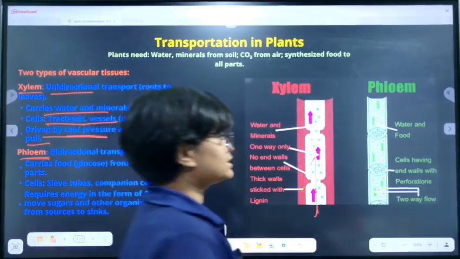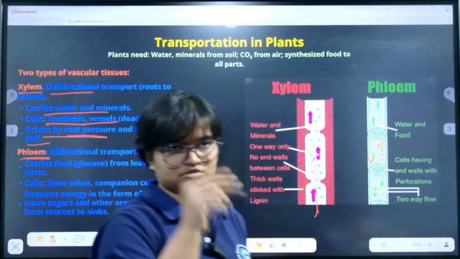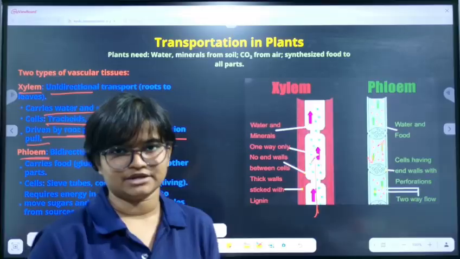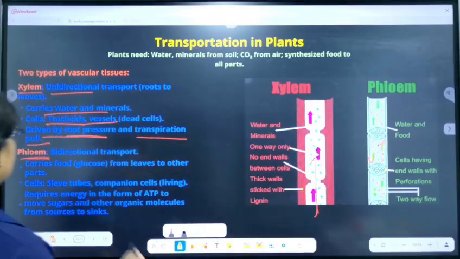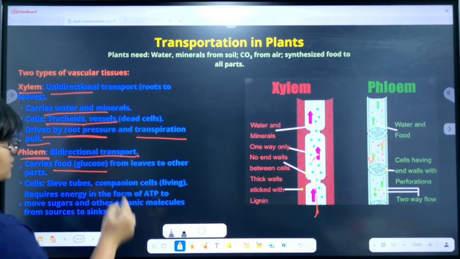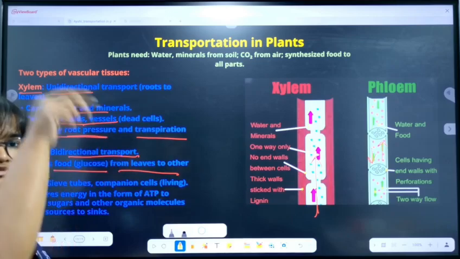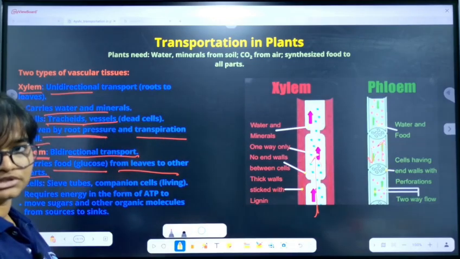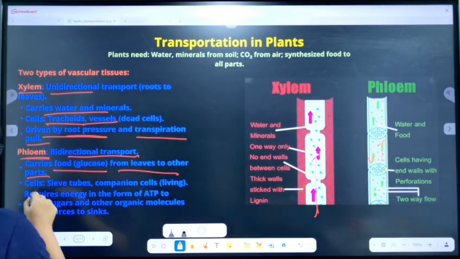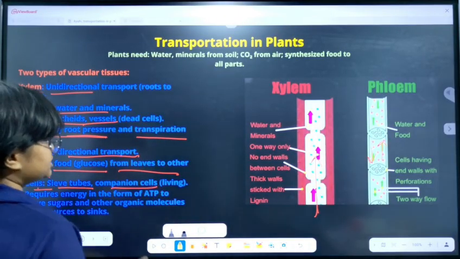Okay, since there are two directions, it is known as a bidirectional process. It carries food, glucose, from leaves to other parts. It goes to the leaves, to the fruit, and also it goes down to the roots. And what type of cells are there? Sieve tubes and companion cells.